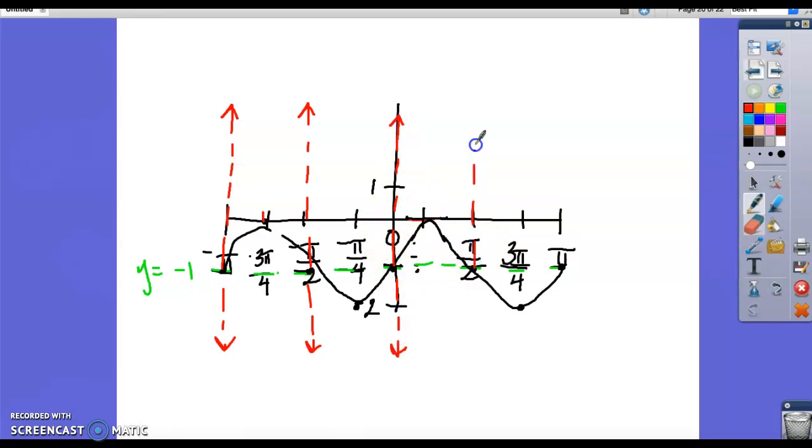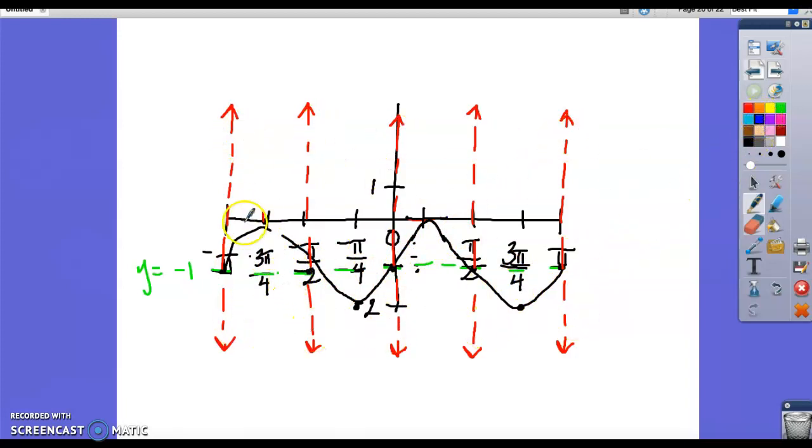Anywhere sine is crossing the midline, that's where you're going to have your asymptote. So you're going to have to be careful of that so you don't make the same mistake I just did. It's not necessarily where it touches the x-axis, it's where it crosses that midline. So that's where my asymptotes are.